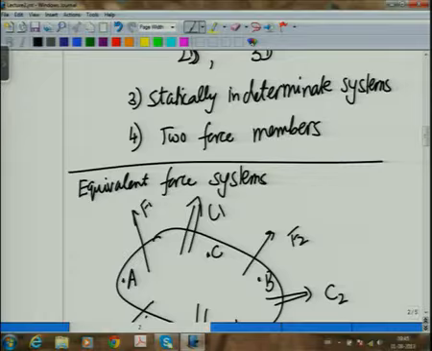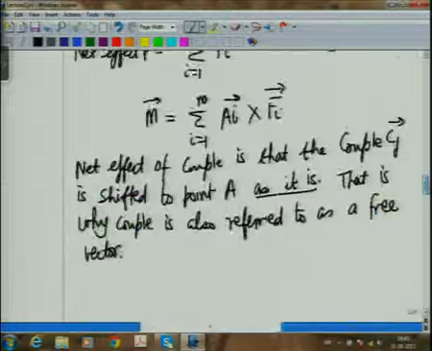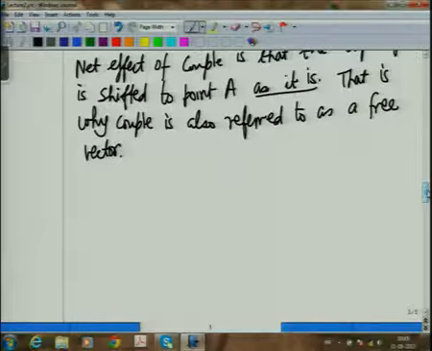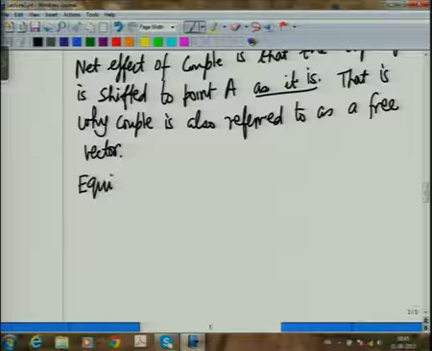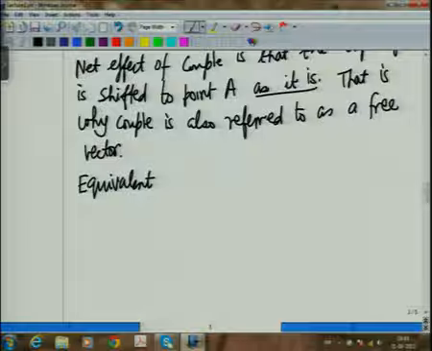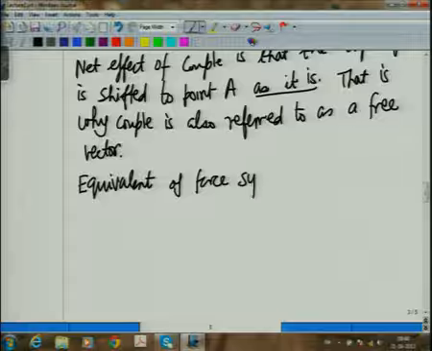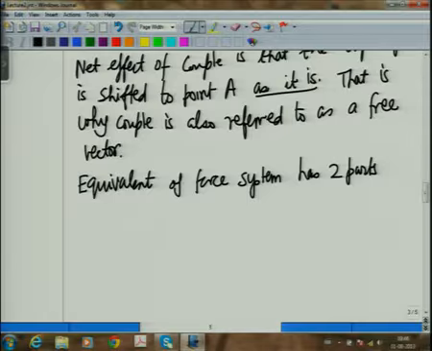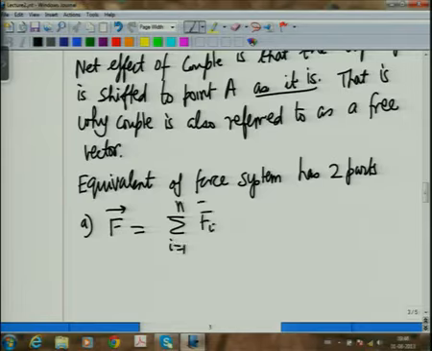Now, the next thing which we want to find out is, so totally when we say equivalent, I'll just sort of formally finish what I had started. Equivalent of a force system has two parts. Part A, the resultant force F. I'm sort of repeating this again and again, but in this part I have not written the total thing.